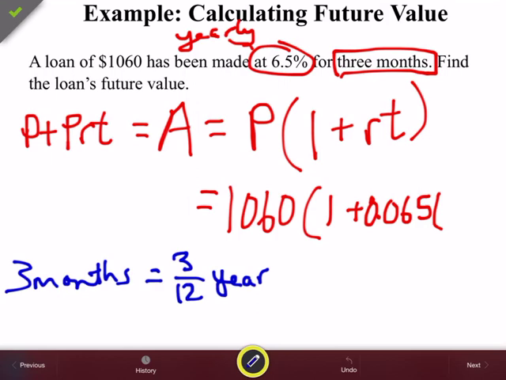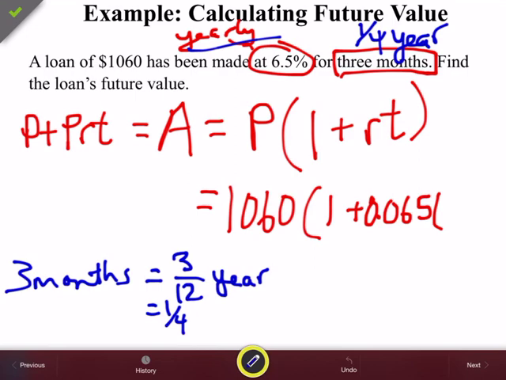So it's 3/12 of a year. And 3/12 is the same as 1/4 a year. So my time, when I match it up to years for the yearly rate, is 1/4 of a year instead of 3 months.